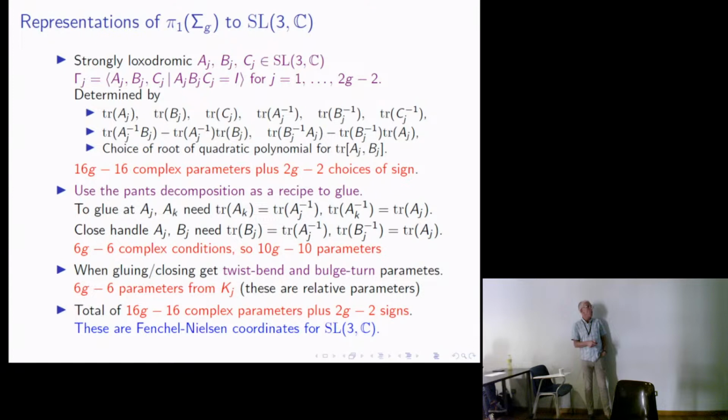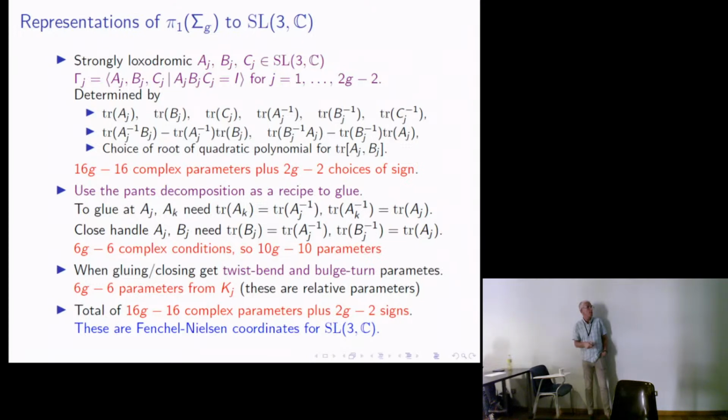Well, there's 3g minus 3 times that, and then here we've got 2g minus 2 times these pair, and so that gives me 16g minus 16 complex parameters, which is the right number, and 2g minus 2 choices of sign. These are the things to do with these roots.